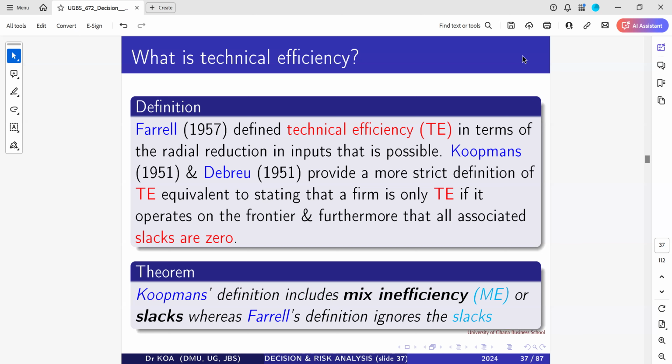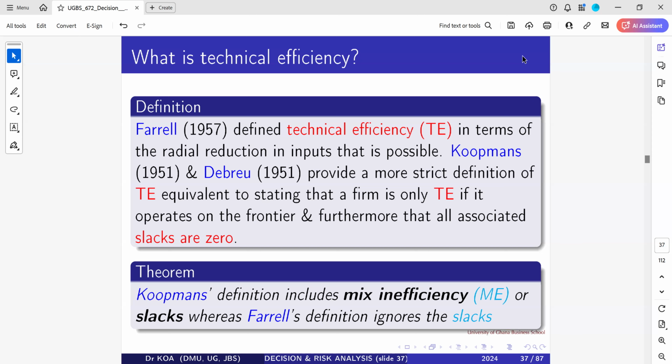But in all of this, we did not take into consideration the fact that you have slacks. What do I mean? You could reduce the input and still be able to produce the output, making you technically efficient. However, there was another firm that was producing the same output you had produced, but using less input.